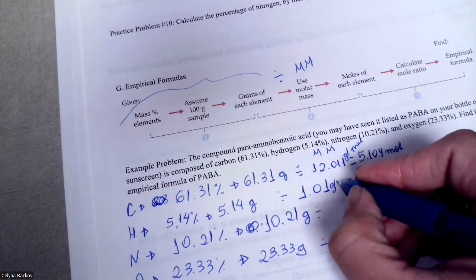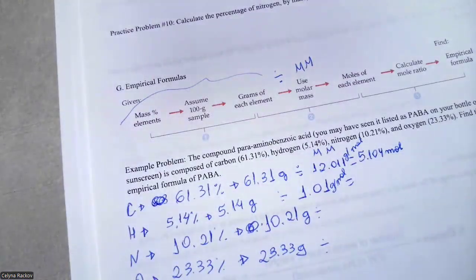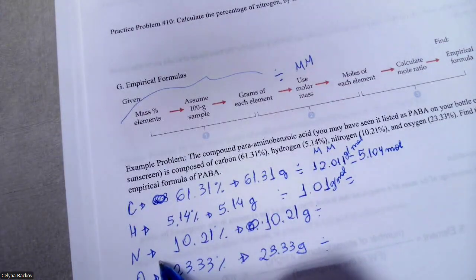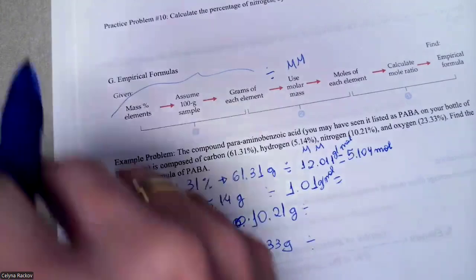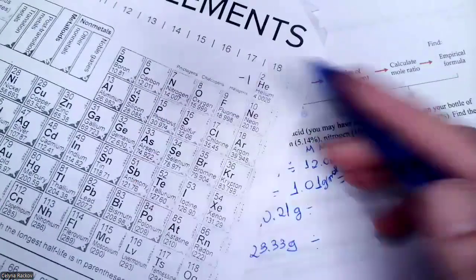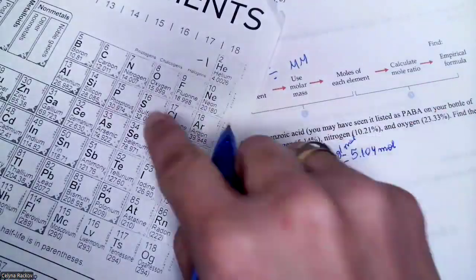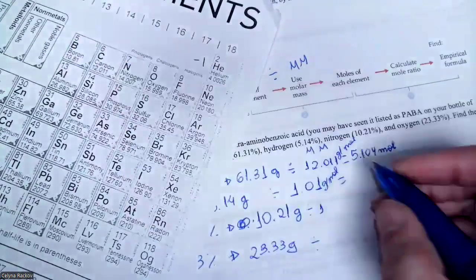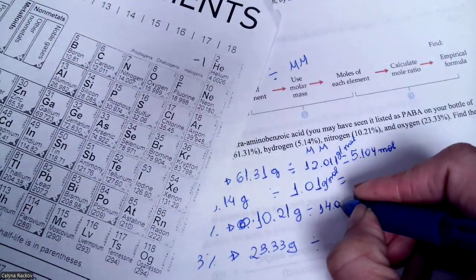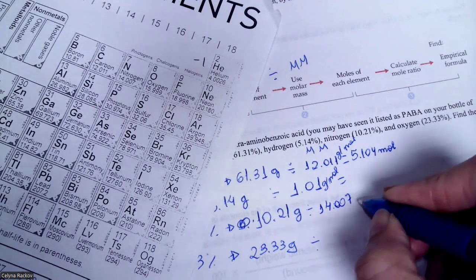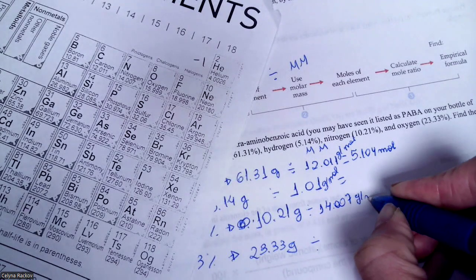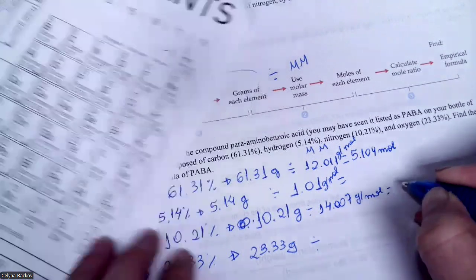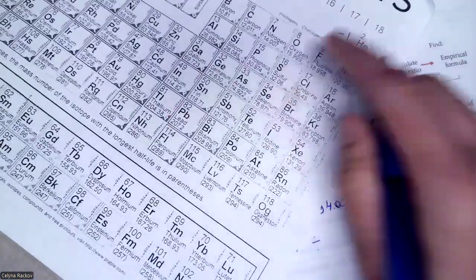So what's the molar mass for nitrogen? Nitrogen is here, right? 14.07. And for oxygen, it is about 16 here.